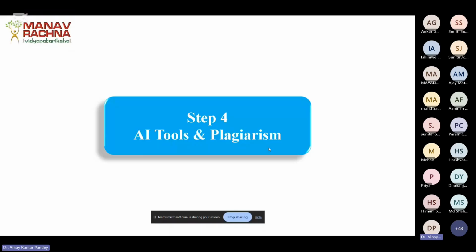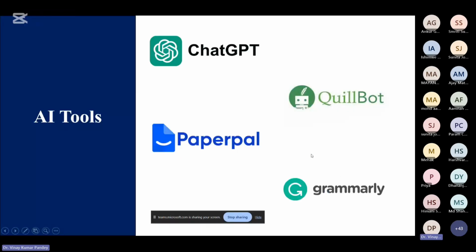Okay, now we'll go with the AI tools and plagiarism. AI tools, again, if you want to write a paper, I would suggest you should not use ChatGPT. Yes, you can utilize it for getting information. What are the trending topics, you can find out from ChatGPT, and again with the help of Scopus AI.